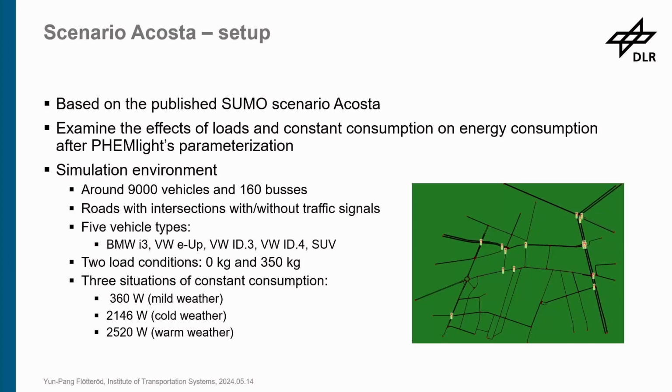Moreover, we also considered 2 load states: one is 0 kilograms, and the other is 350 kilograms. And we also consider 3 different situations of constant consumption: one for mild weather condition, cold weather condition, and warm weather conditions.